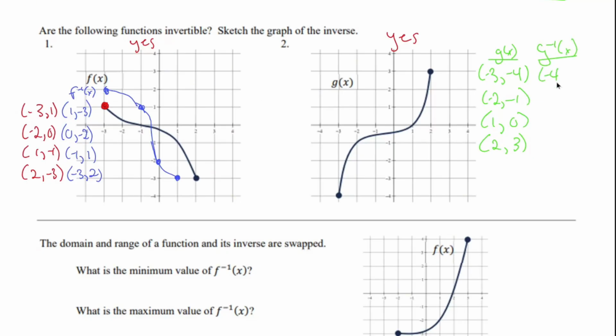So how about -4, -3, -1, -2, 0, 1, 3, 2. You graph them all: -4, -3, -1, -2, 0, 1, and 3, 2.